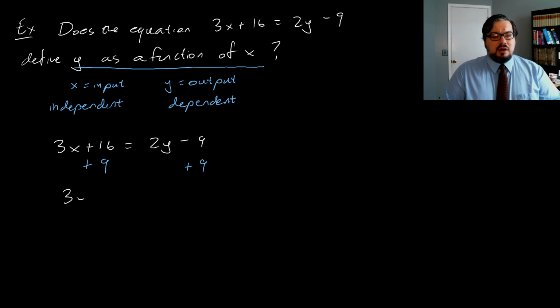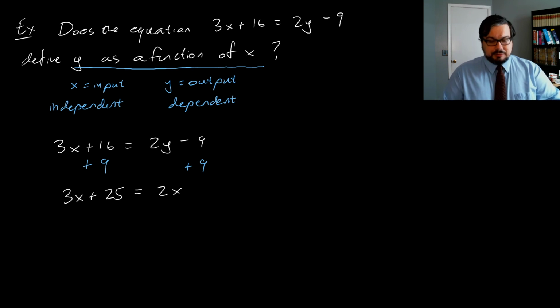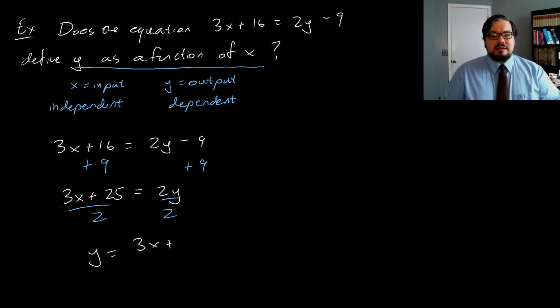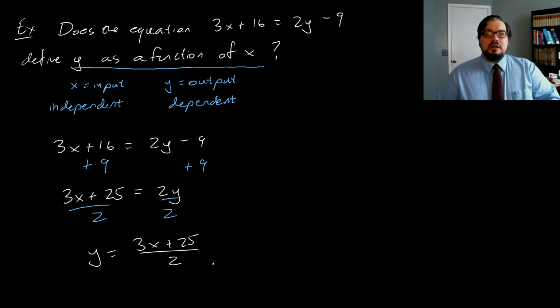Using all the techniques that we have, we get 3x plus 25 is equal to 2y. And then we want to get y by itself, so we'll divide both sides by 2. And we'll get that y is equal to 3x plus 25 over 2. And at this point, we're done, because we were able to solve for y.